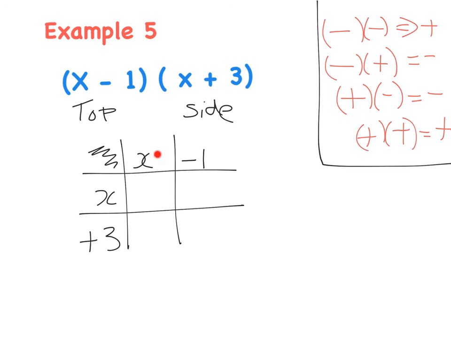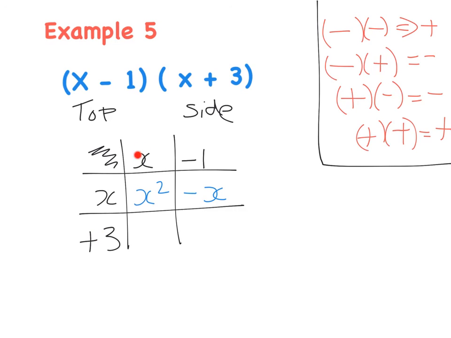An x multiplied by an x gives me x squared. An x multiplied by a minus 1, well, what sign is in front of this x? It's a positive. Remember, if there's no sign, it means a positive. So a positive by a negative, a plus by a minus, gives me a minus, and I will get minus 1x or minus x.